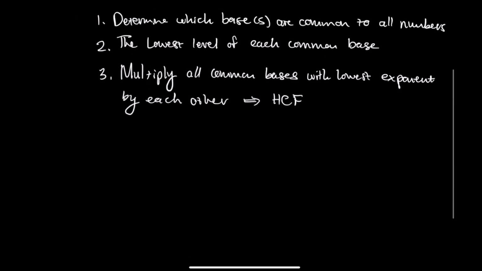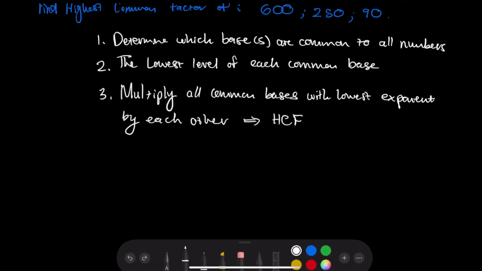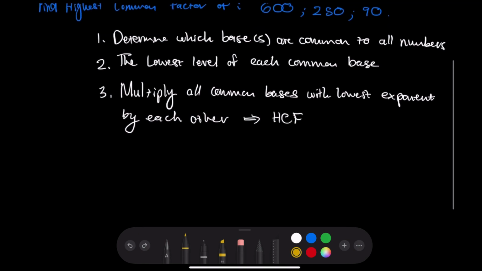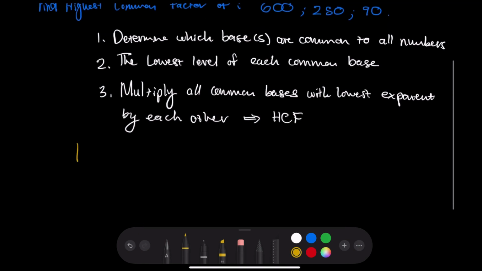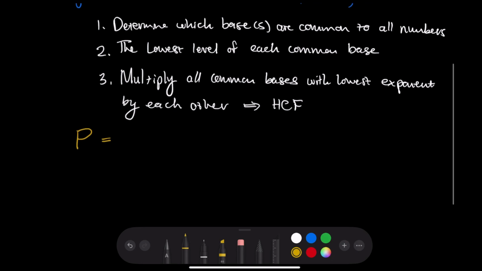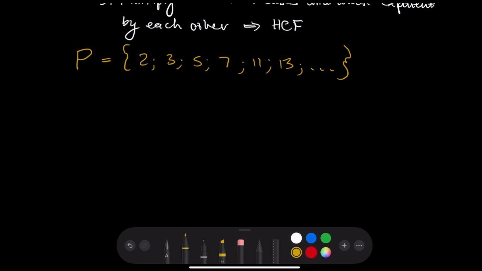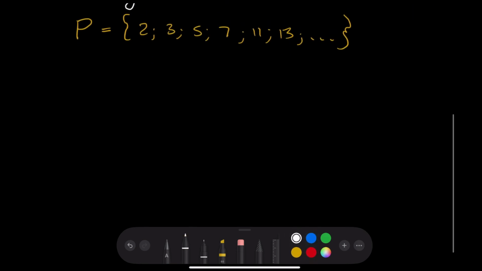So once again, we need to use the ladder method, right? And in the previous video, we went through extensively how to use this ladder method. So once again, I firstly have to write out my prime numbers, right? 2, 3, 5, 7, 11, 13, and so on, right? Then I create my ladder.